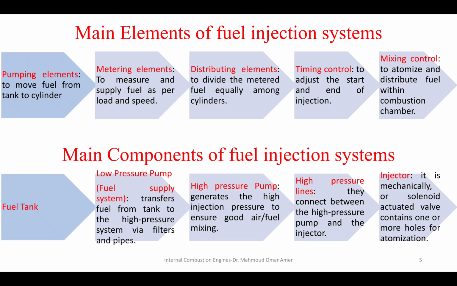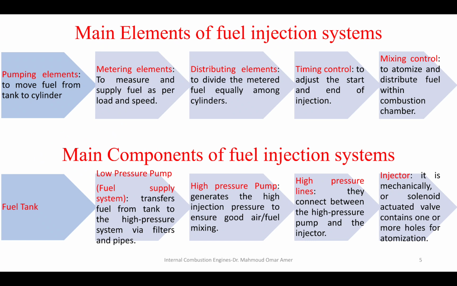What are the elements and components of the fuel injection system? The elements should satisfy the objectives. So we will need pumping elements to move the fuel from the tank to the cylinder.